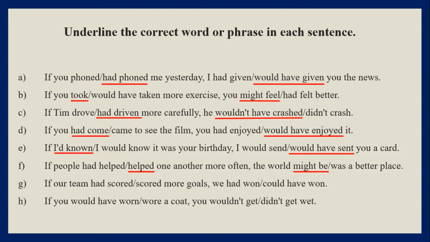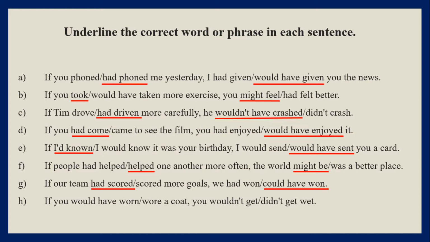G. If our team had scored or scored more goals, this is apparently talking about a situation in the past, an imaginary situation, and apparently the team has lost. So, if our team had scored past perfect more goals, we could have won. Again, we use could because we are trying to express probability.